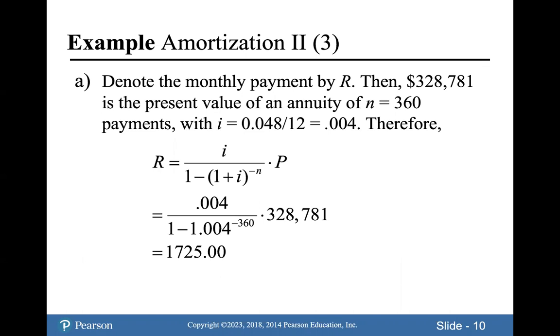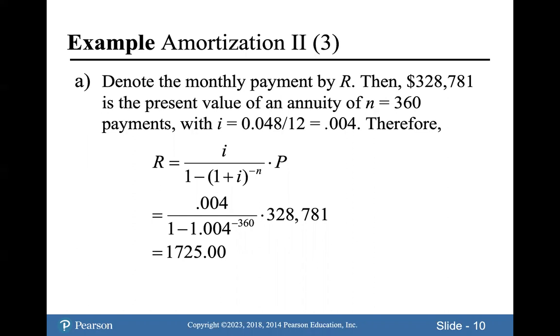Therefore, using this formula, R is equal, which is, I should point out, if that formula looks upside down to you, I will admit that this is a little confusing the way they wrote this. Normally, the formula is P equals 1 minus 1 plus I to the negative n over I times R. So what they've done is they've just written the formula in a different form, but I promise you it is equivalent.